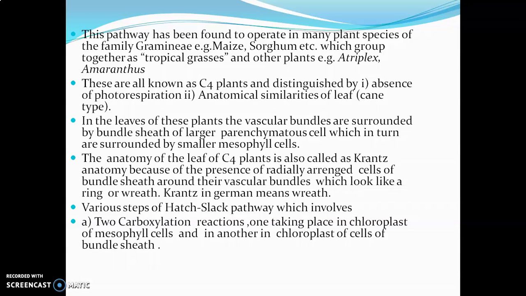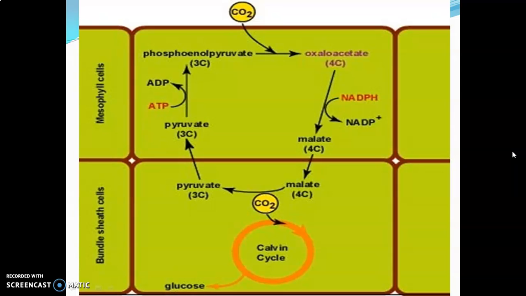Now the various steps of the Hatch-Slack pathway involve two carboxylation reactions. One takes place in the chloroplast of mesophyll cells, and the other takes place in the chloroplast of the bundle sheath cells. The first carboxylation takes place in the mesophyll chloroplasts.